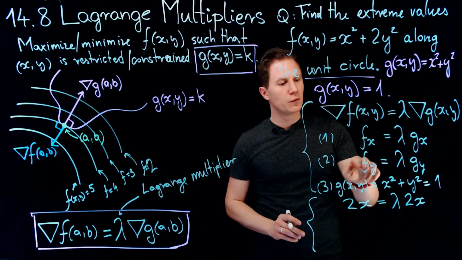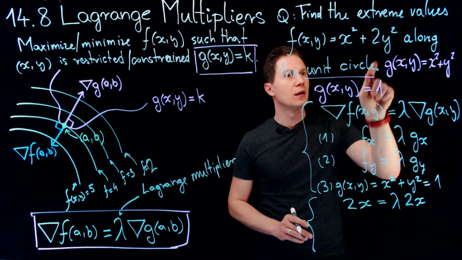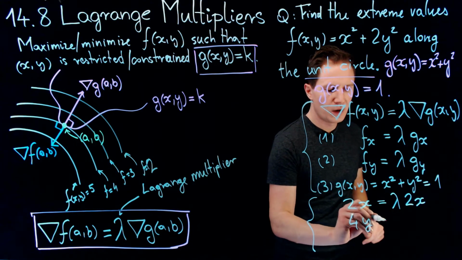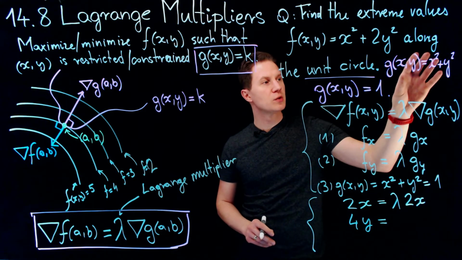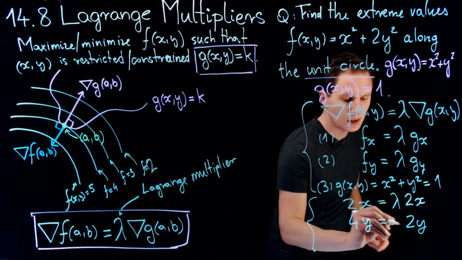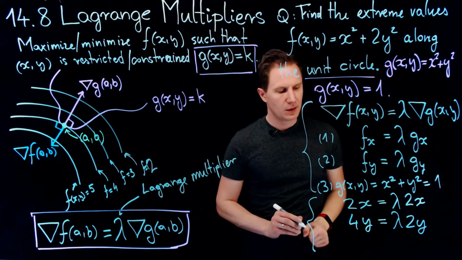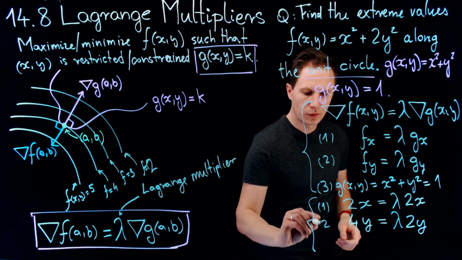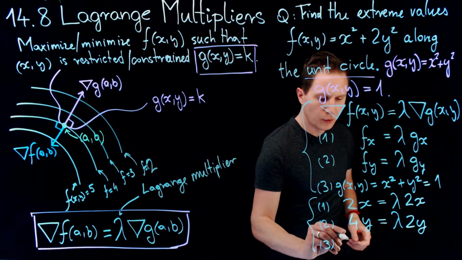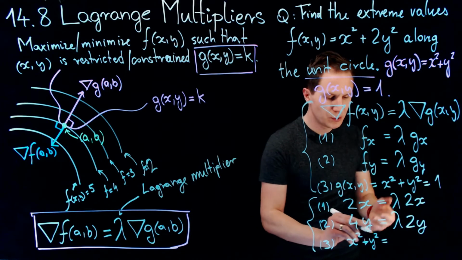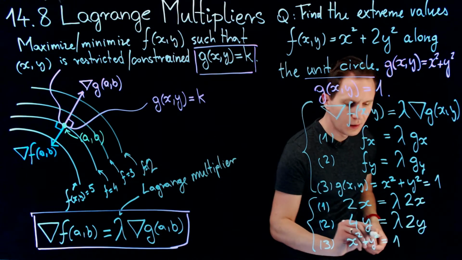The partial derivative of f with respect to y is 4y, while the partial derivative of g with respect to y is only 2y. But again, we have this Lagrange multiplier. Okay, so these are equations 1 and 2. And third, we also have to make sure that x squared plus y squared, whatever solutions we may find, gives us 1.